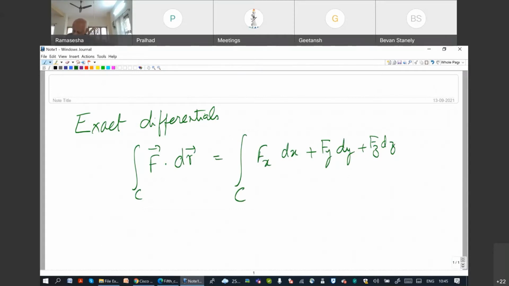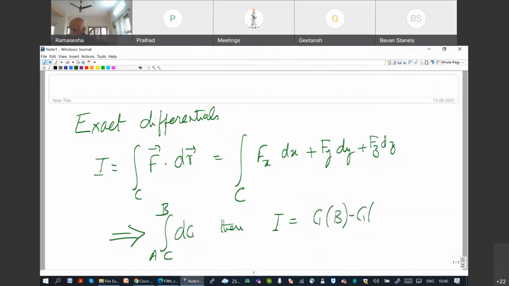If we can write it as some integral over C of dg, from point A to some point B, then calling this integral I, we have I equal to g of B minus g of A. So it will be the difference between the two, and so it does not depend upon the path. It only depends upon the initial and final points.